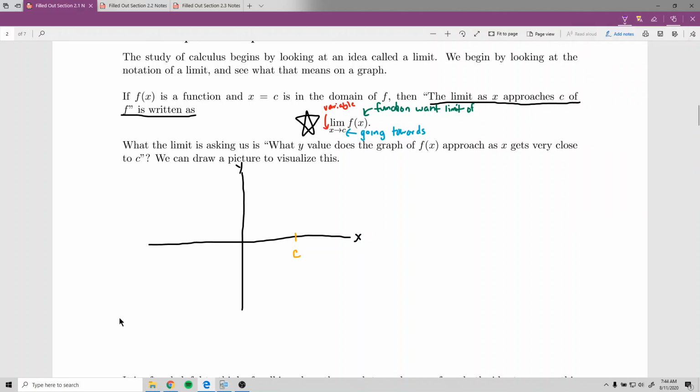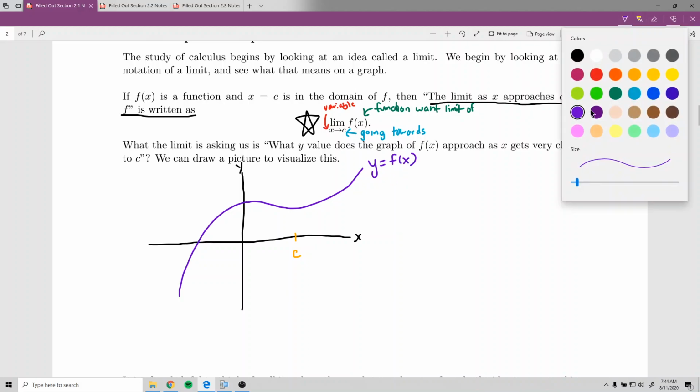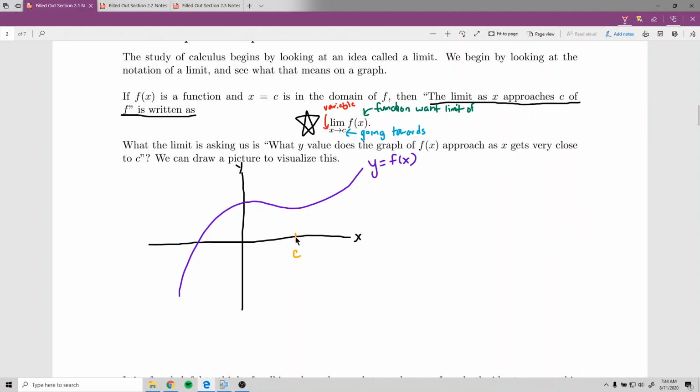And then I'll draw a picture of just some random function. We don't need a formula for now, just to explain it. And what I'm going to do is point out the point on the graph at x equals c.